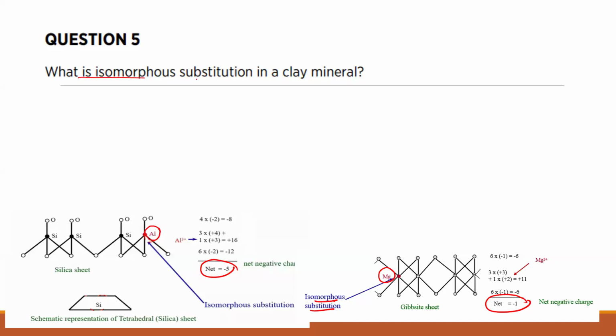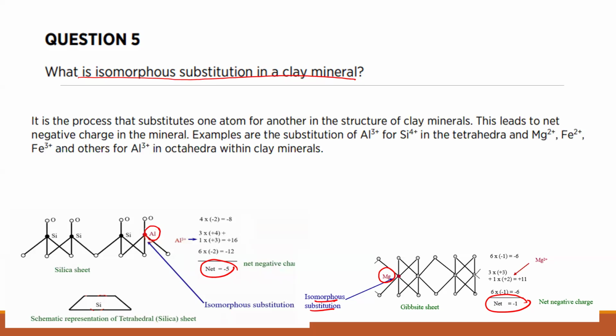So what is isomorphous substitution in clay? You can write an answer. You can show the pictures and you can write it in words as well, a small description. Do you remember this part, Luke? Yes. So it is the process that substitutes one atom for another in the structure of a clay mineral.